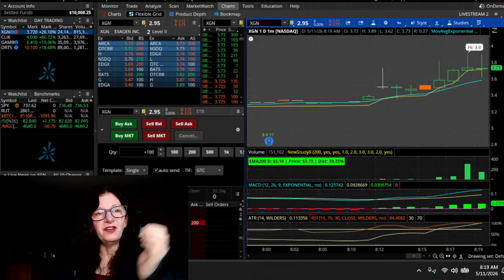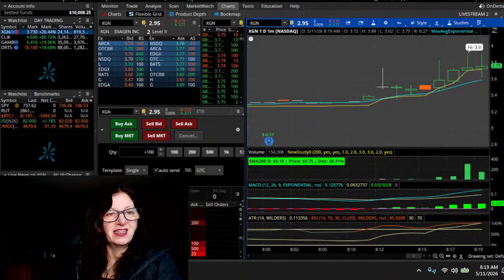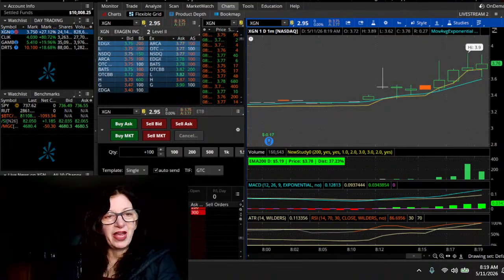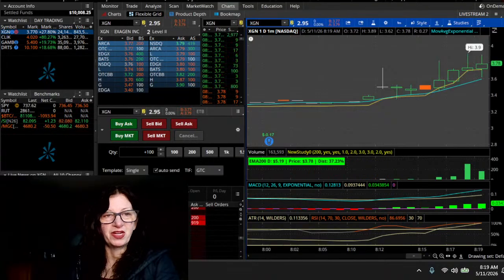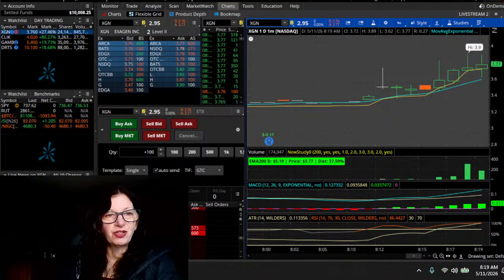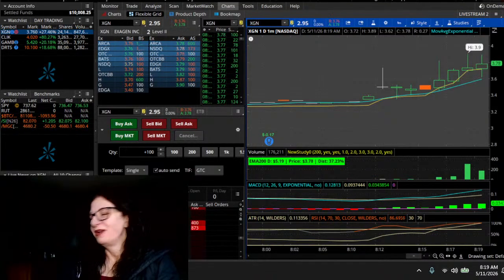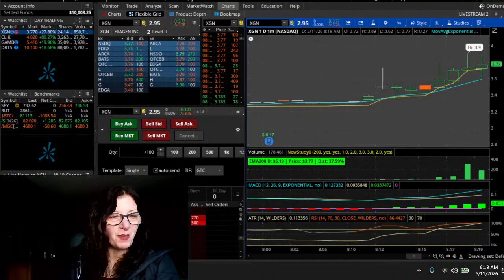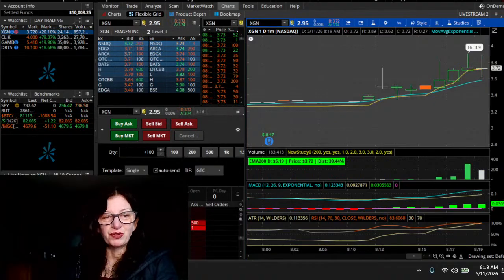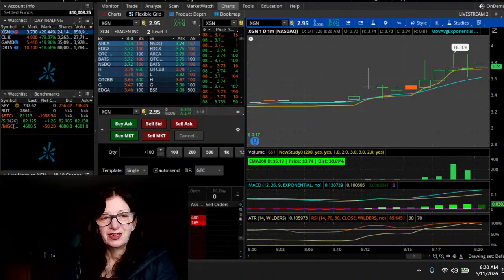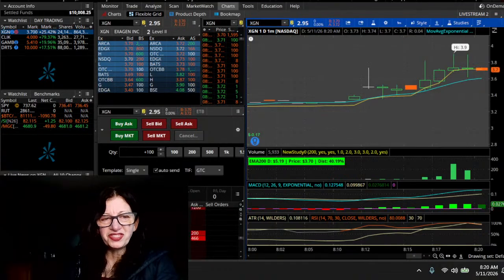So this is what kind of annoys me about some news. It says, Exogen beats top line and bottom line estimates. I'm like, top line and bottom line. I've heard that before. Top line and bottom line estimates are key financial forecasts representing projected gross revenue and net profit, respectively. Well, why don't you just say that?